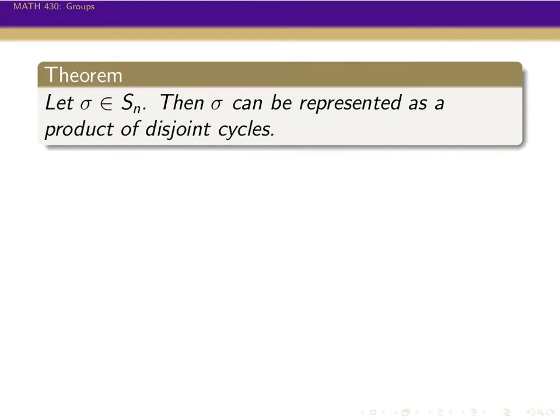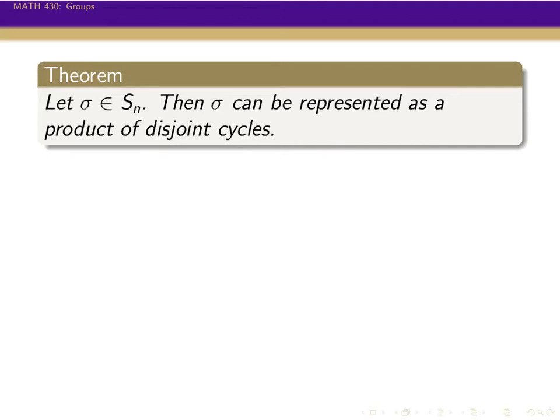Okay, so the rest of this video we're going to focus on proving this big theorem that if we take any permutation in S_n, so sigma is a permutation on the set 1 through n, then we can represent sigma as a product of disjoint cycles.